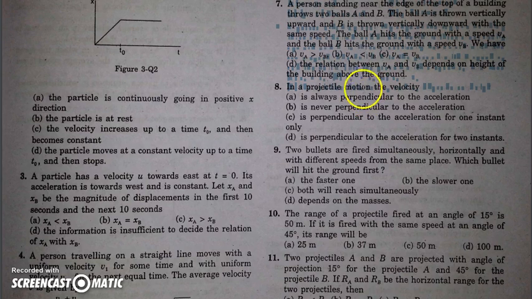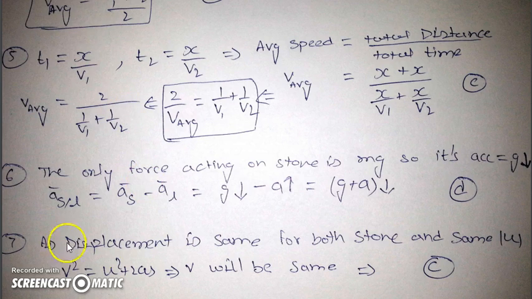Okay. In the next question, a person standing near the edge of the top of a building throws two balls with equal speed but in opposite directions, one upward, one downward, and they hit the ground with speeds va and vb. So they will be equal. We can prove that using the third equation.